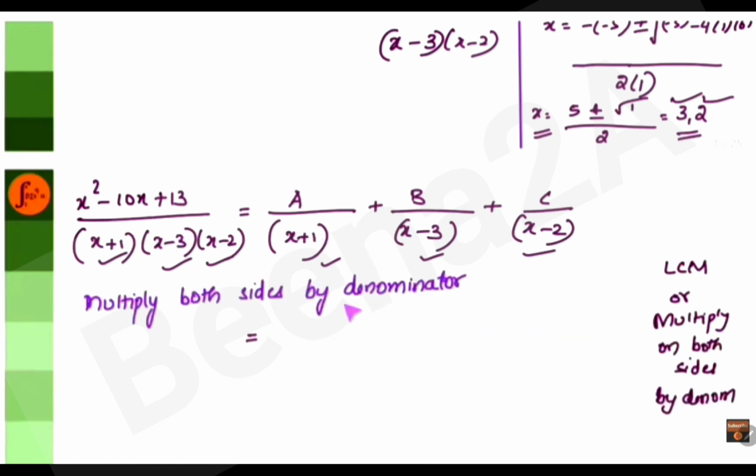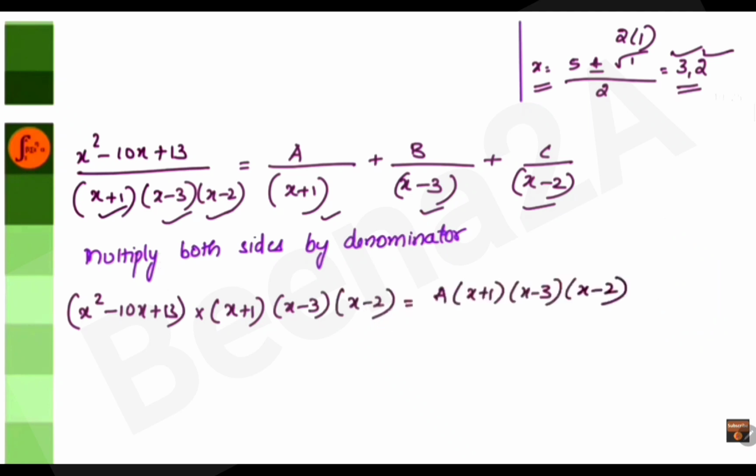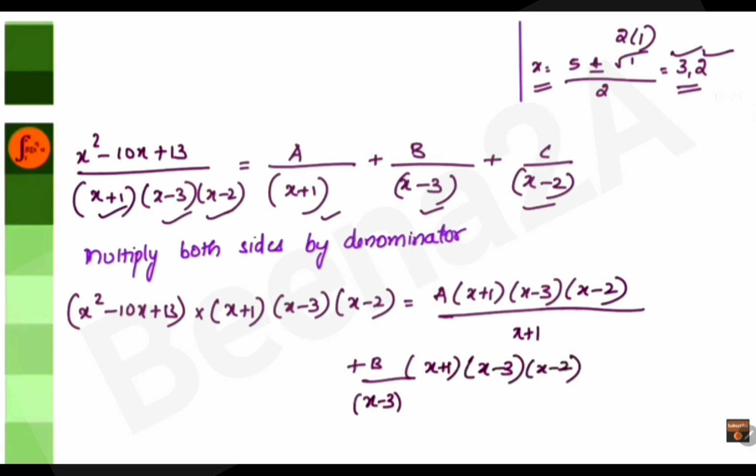If I multiply both the sides by the denominator, x plus 1, x minus 3, x minus 2, I'll get a by x plus 1 into all the denominator terms, plus b by x minus 3 into all the denominator terms, plus c by x minus 2 into all the denominator terms.